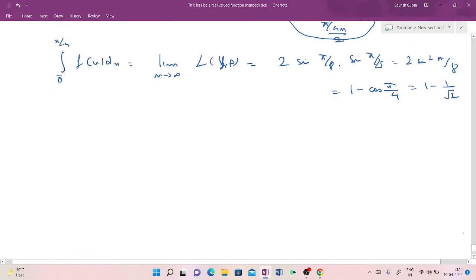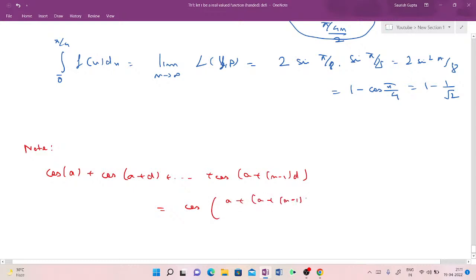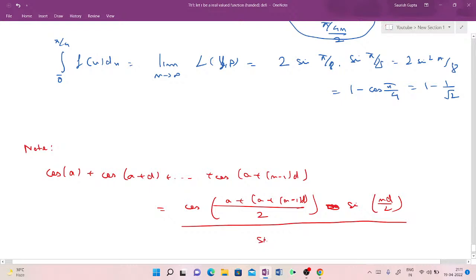Okay. Now in the exact same way, find the UFP, and I am giving you the formula to find the UFP. Note that if the same thing happens in the case of the cos function, cos a plus cos (a plus d) till we have cos (a plus (n minus 1) times d), this comes out to be cos of the mean of the first and last angles, just as we were doing in the sine case, times sine nd upon 2 divided by sine of d upon 2.